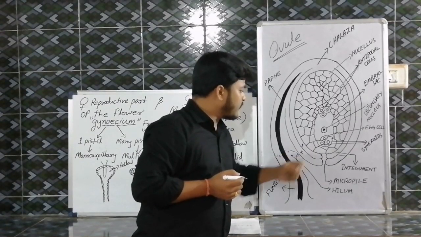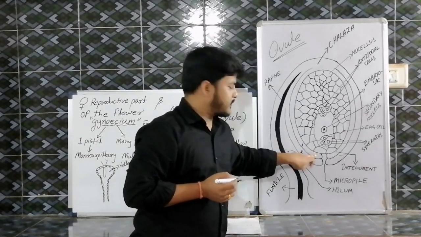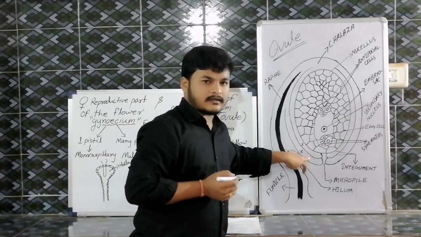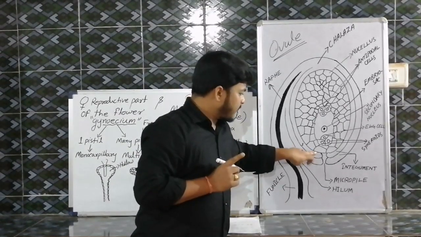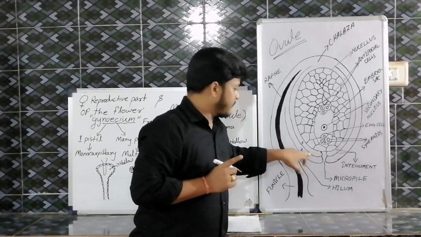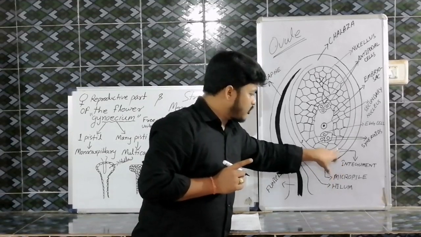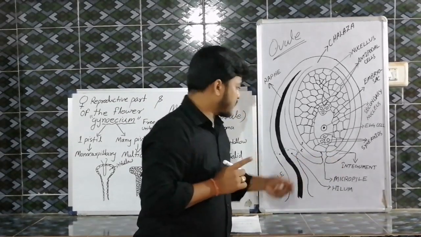If a single integument is there, it is otherwise known as unitegmic, and if two integuments are there, it is otherwise known as bitegmic. I repeat, a single integument is unitegmic, and two integuments is bitegmic.